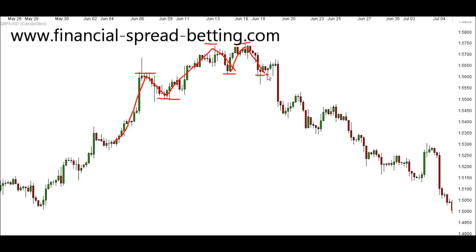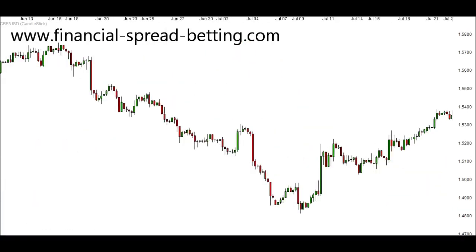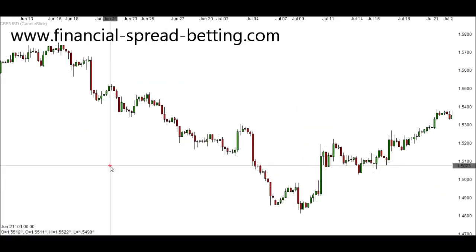We then go for a push, make a lower high, and price downtrends. And we have a series of lower lows and lower highs which gives us a downtrend. Let's look at this downtrend. In June, July, price is downtrending.